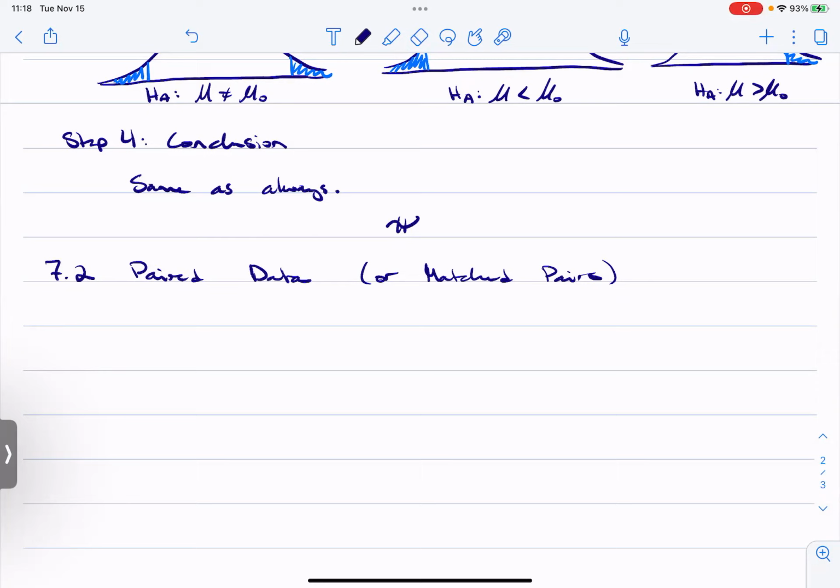Then I get you to write an equivalent test, probably not the same one, that would be weird because you've already done it once. Then I can look at the difference in the scores, and that would be paired data. So it's whenever we have two observations on the same subject.